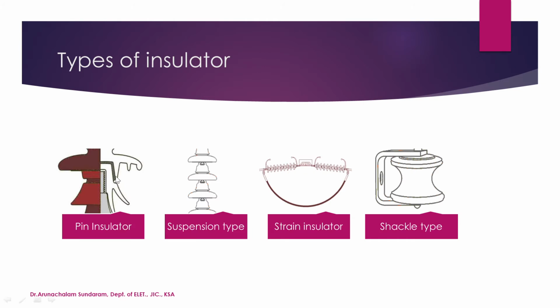Now these are the different types of insulators. This is called the pin insulator. A pin insulator is normally used for medium voltage transmission lines. This one is the shackle type, also called the spool type. There are two names, and this shape is called a dumbbell shape. You have to remember the name of this.